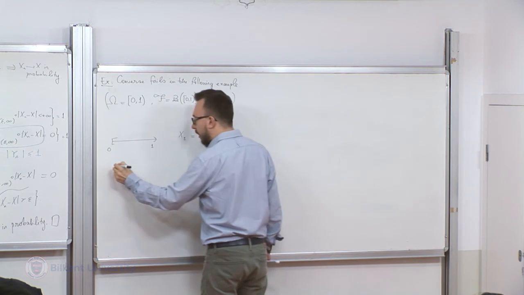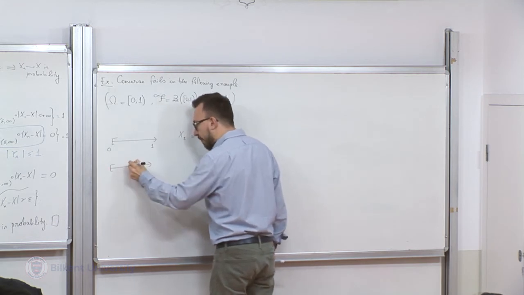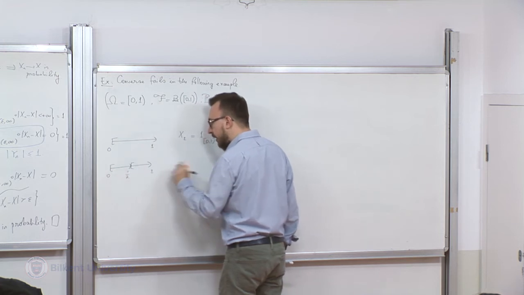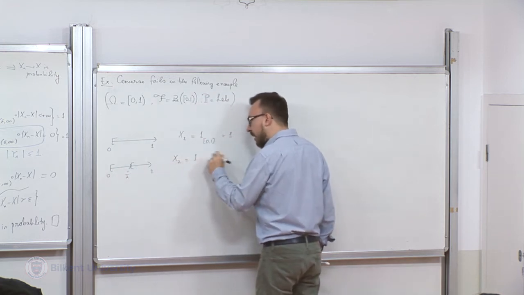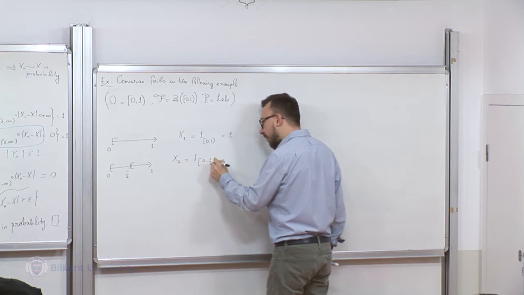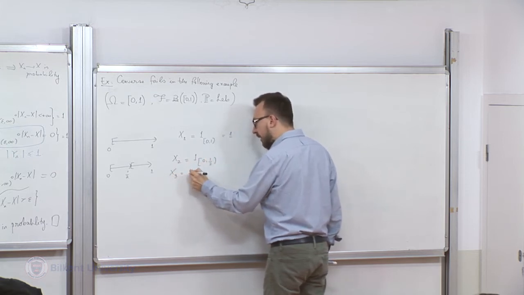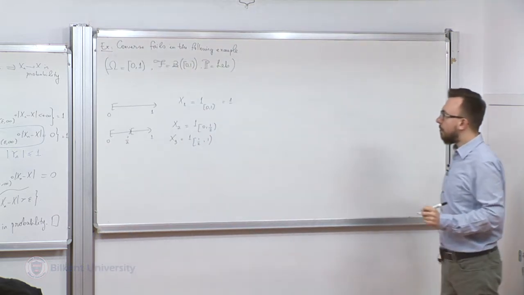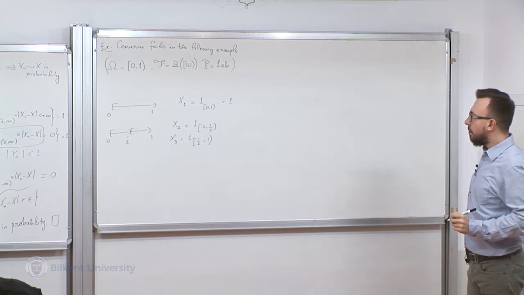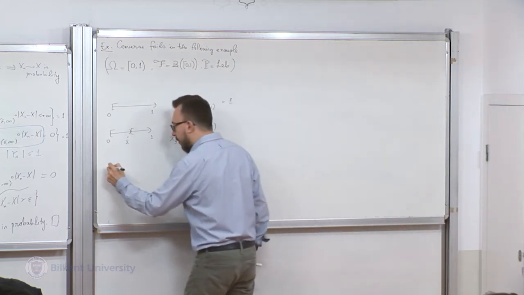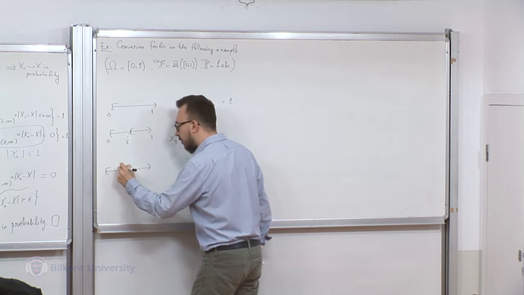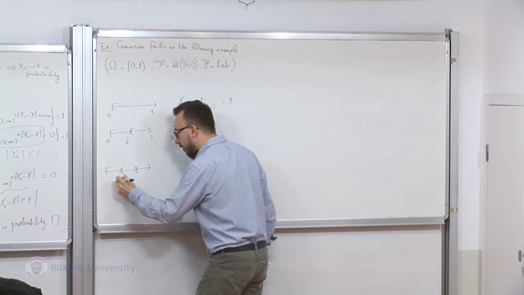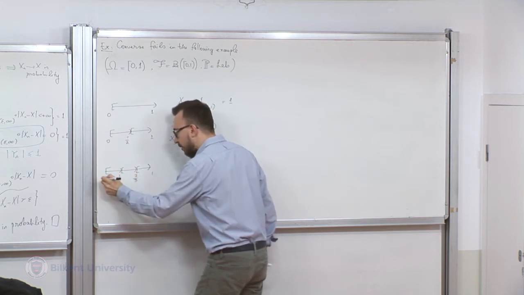Next, we're going to chop it down into 2 equal pieces, 0 to 1/2 and 1/2 to 1. So x2 is going to be the indicator of 0 to 1/2, and x3 is going to be the indicator of 1/2 to 1. Next, we're going to chop it down into 3 pieces: 1/3, 2/3, 0 and 1.